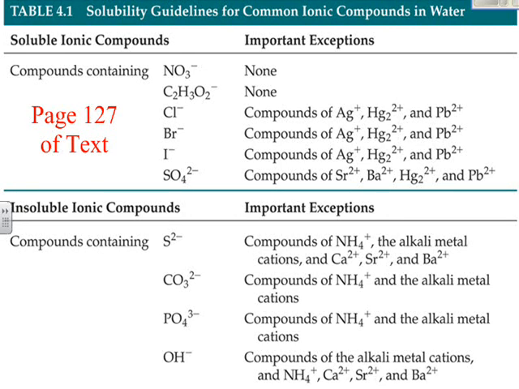To determine which solids are formed in a double replacement reaction, you need to know the solubility rules. The table in front of you here is also found in your text on page 127. You basically need to know all of these rules. The fact that all nitrates are soluble is very, very important.